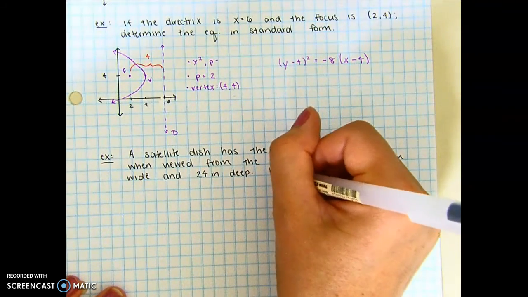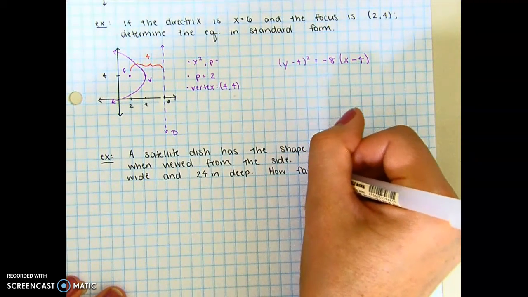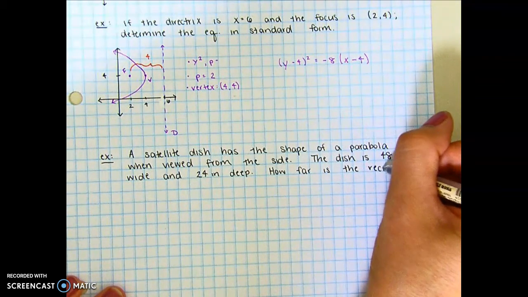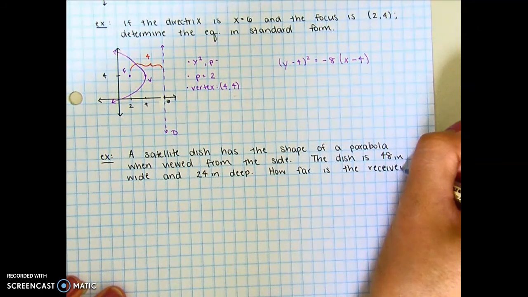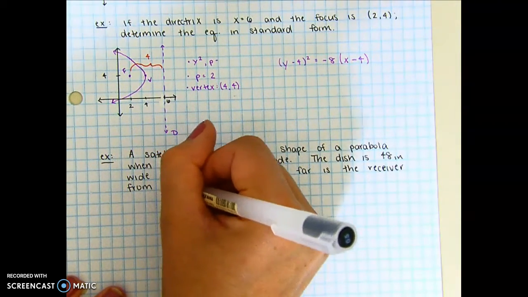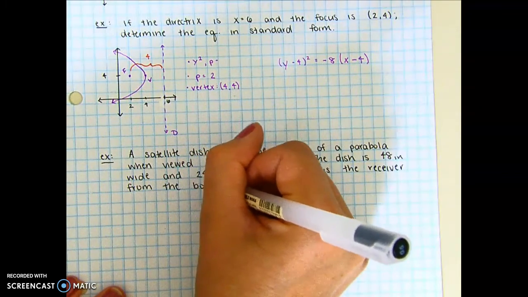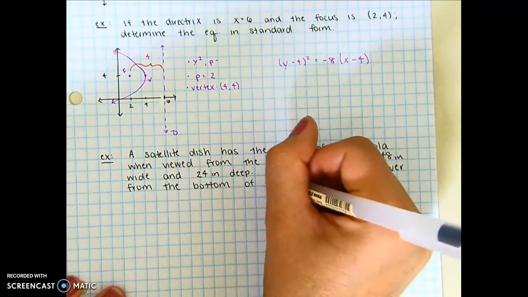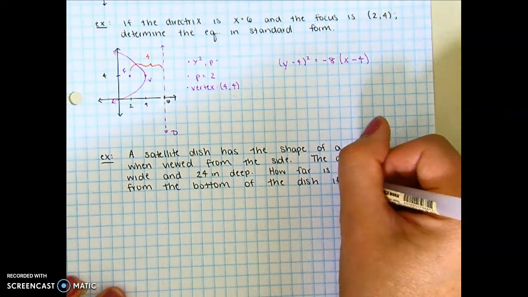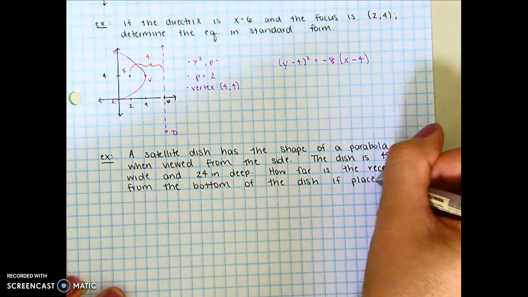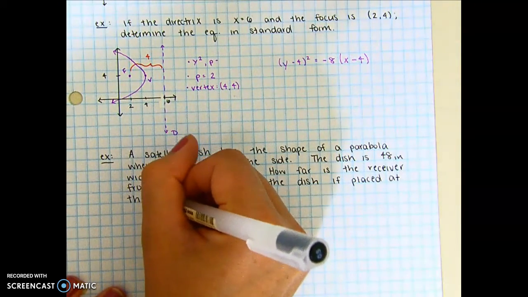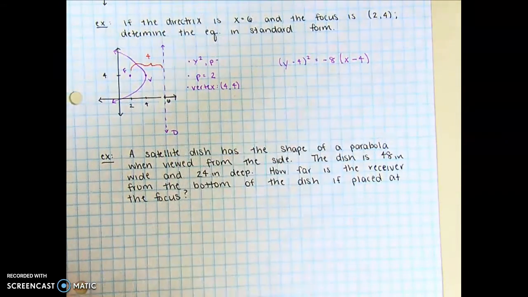How far is the receiver from the bottom of the dish if it's placed at the focus?